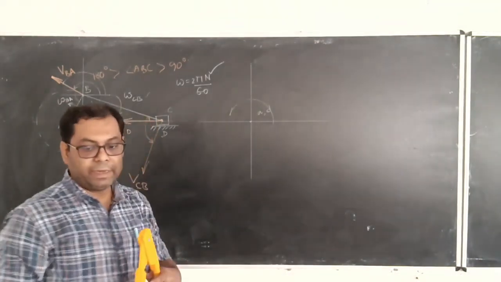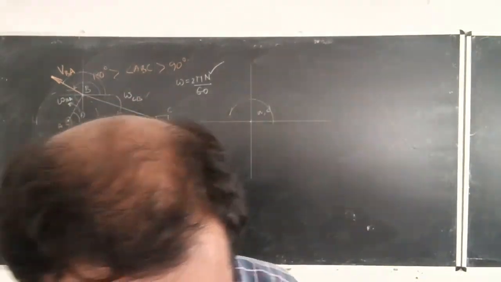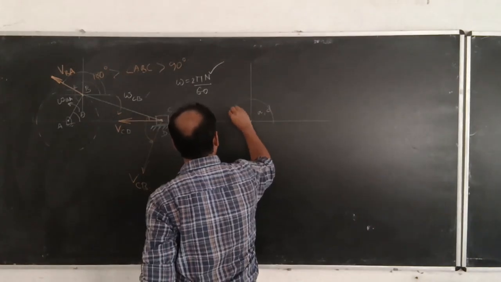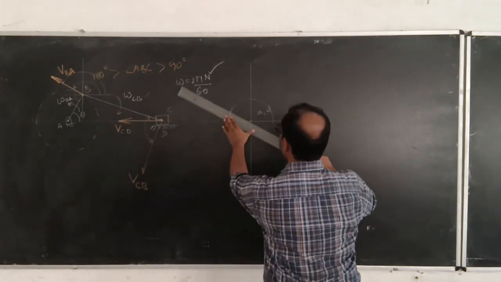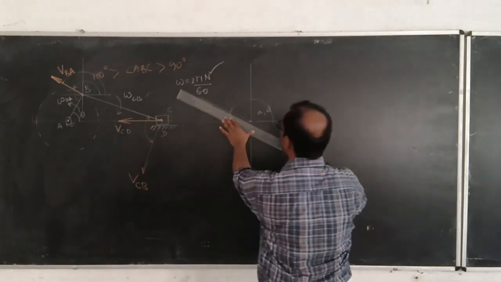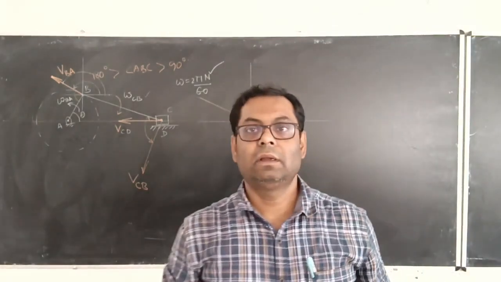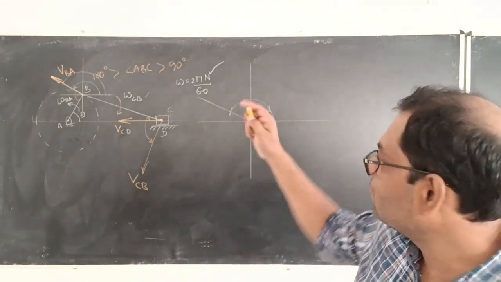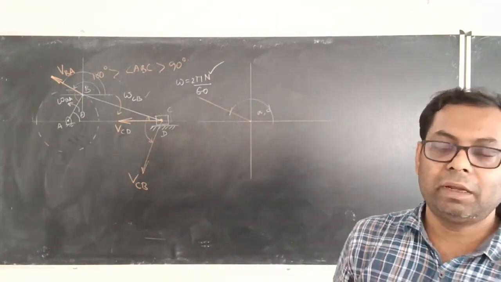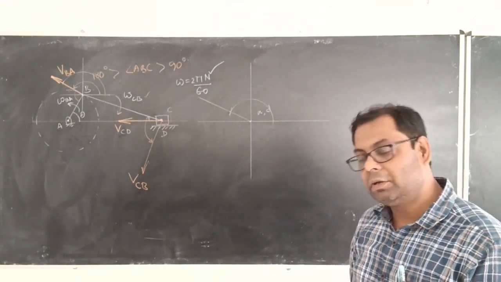So we got the intersection point. If this is the intersection point over here, we can connect these two in this way. Got it? So this is the line of VBA, but what exactly the magnitude of VBA is, that we still don't know.